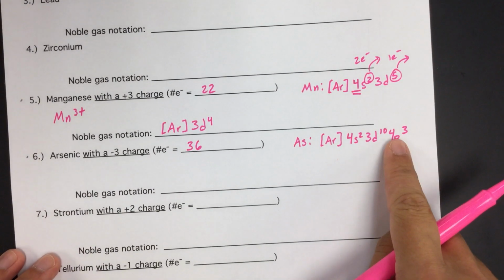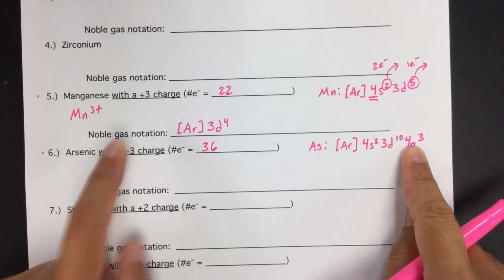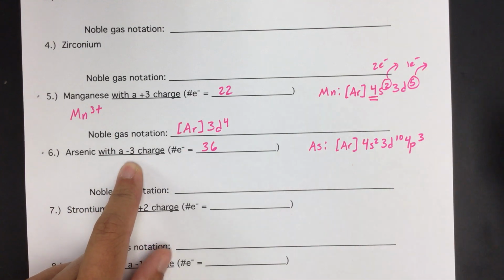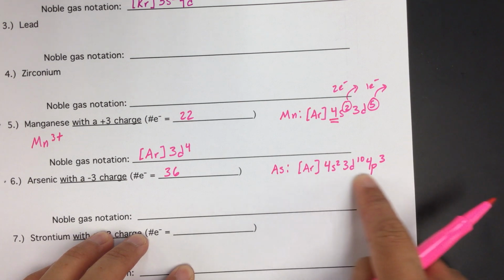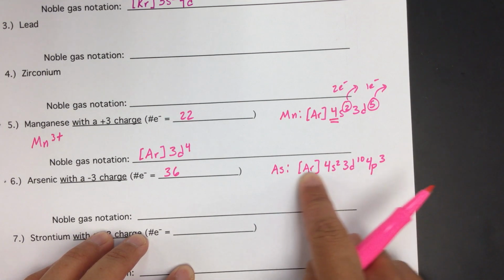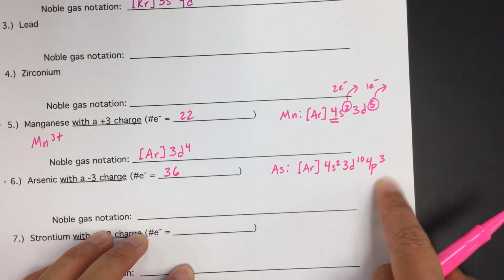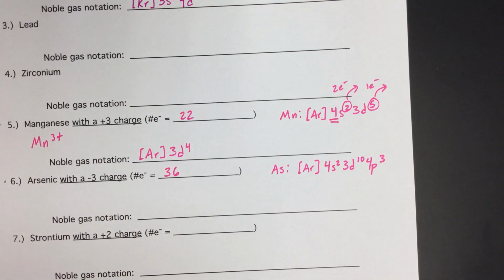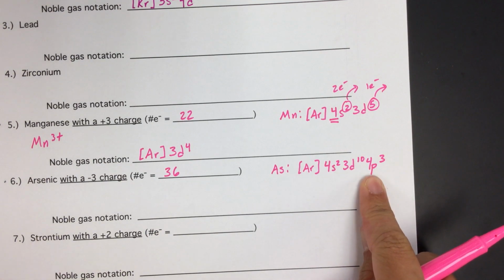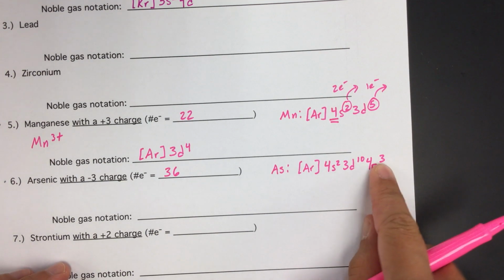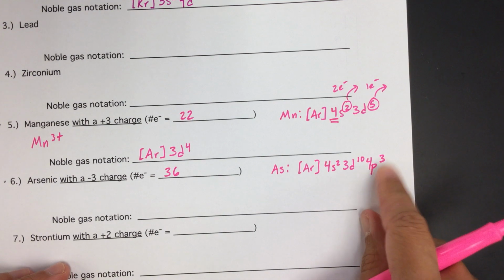That was for a neutral one. But remember, now we have a -3 charge, so we added 3 electrons. When we're looking at this configuration, where will we be adding those 3 electrons? We need to add them to the end, right? The p sublevel can hold 6 electrons, so they can all fit here. We'll just go to 4p6 at the end.